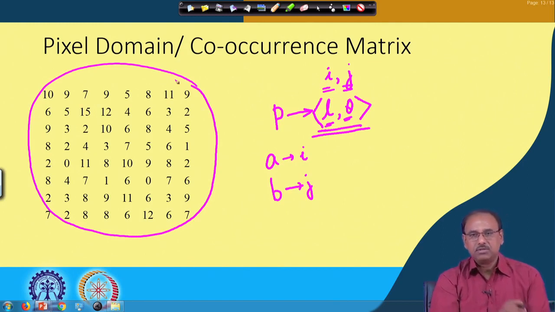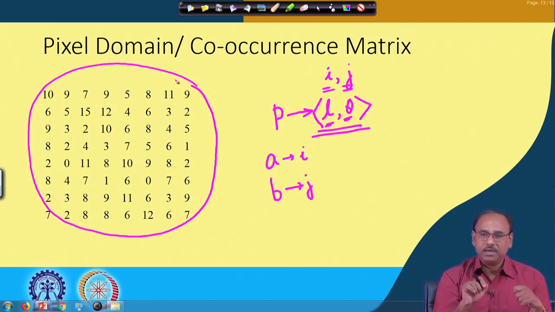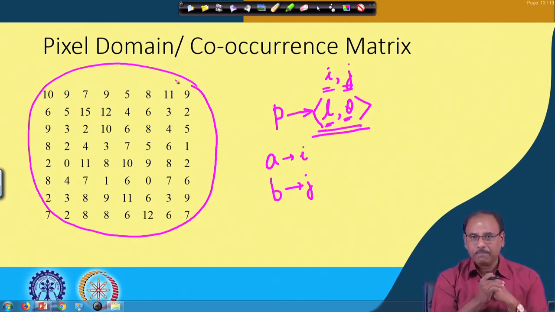So, the intensity value of every pixel varies from 0 to 15. I am not considering up to 255, because then my co-occurrence matrix size will be very high, and I want to find the co-occurrence matrix for a particular L theta pair.